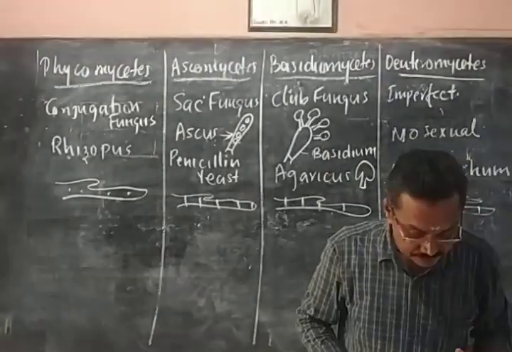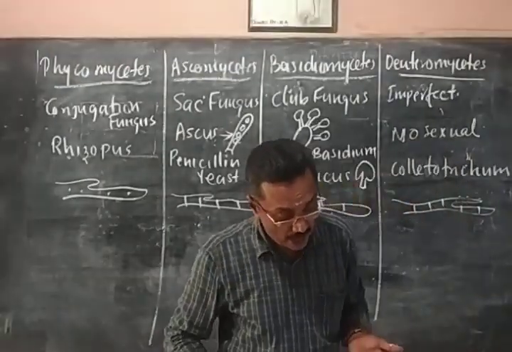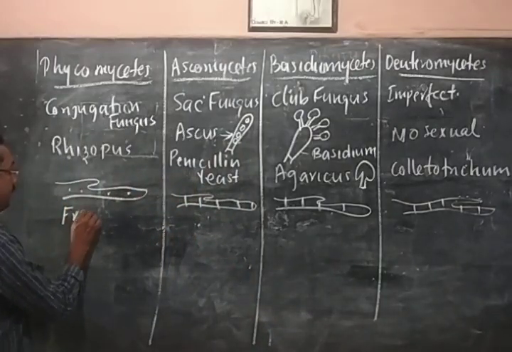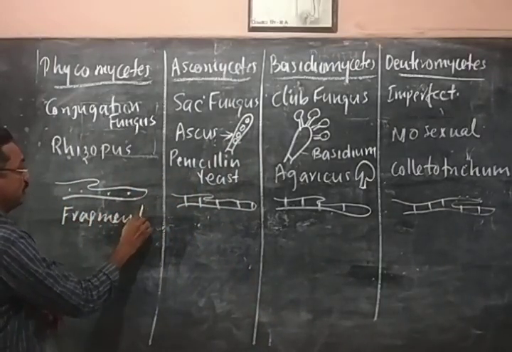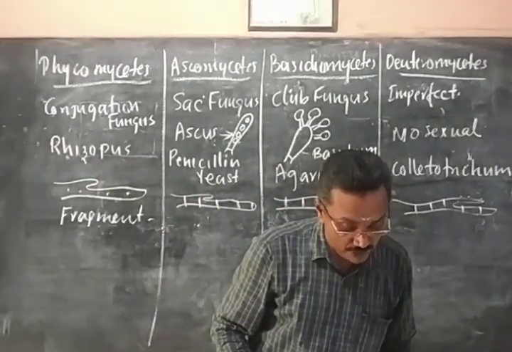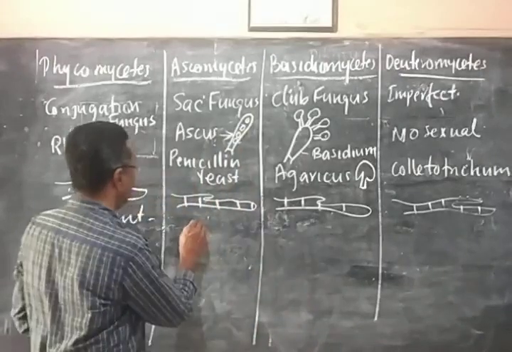Regarding the vegetative method, here the essential vegetative method is by fragmentation. Vegetative reproduction by fragmentation, and in the other groups vegetative reproduction is absent.